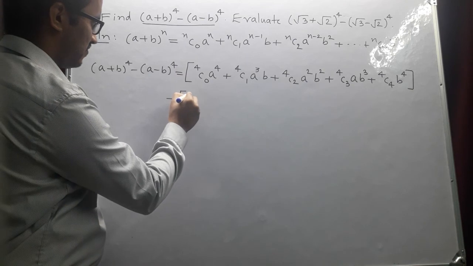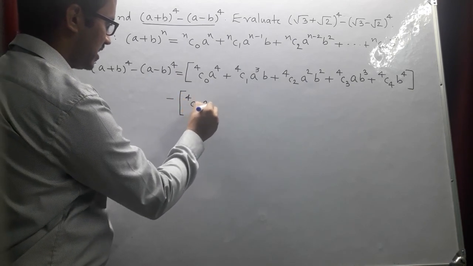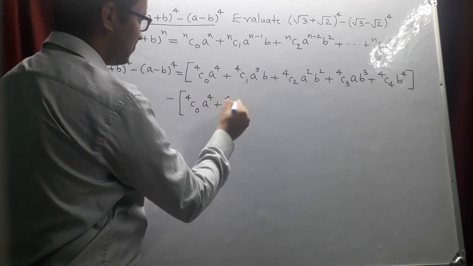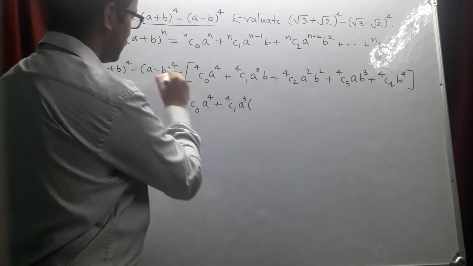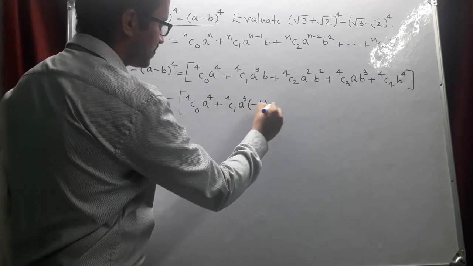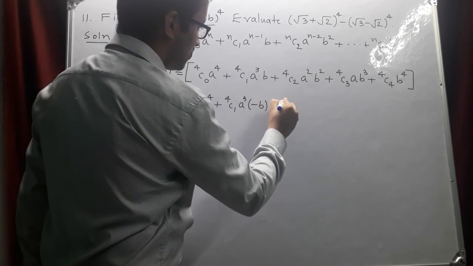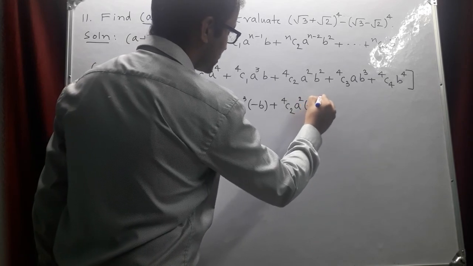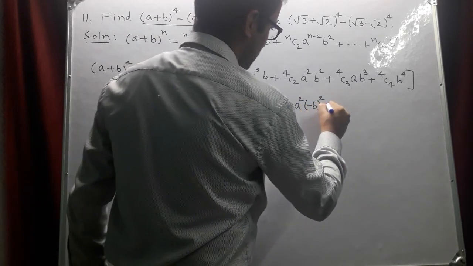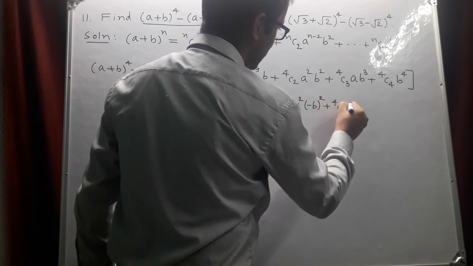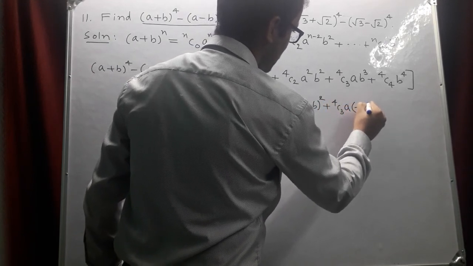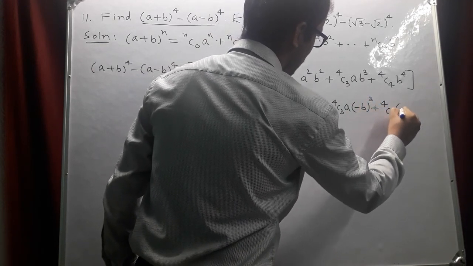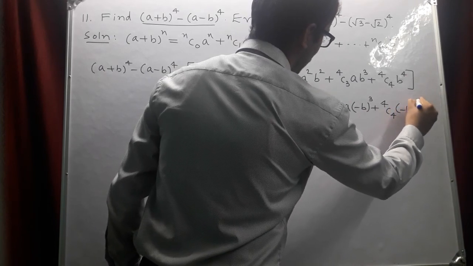So what we will get again: 4c0 a power 4 plus 4c1 a cube (minus b) plus 4c2 a square (minus b) square plus 4c3 a (minus b) cube plus 4c4 (minus b) power 4.